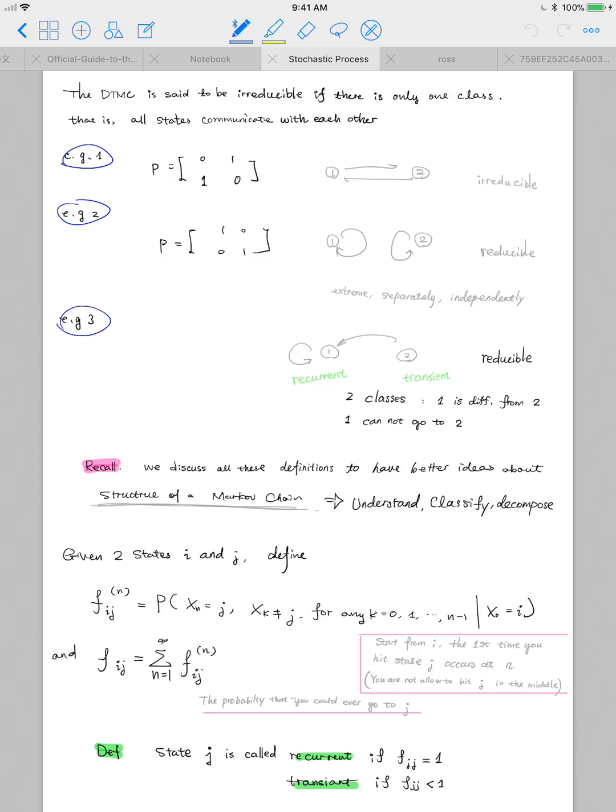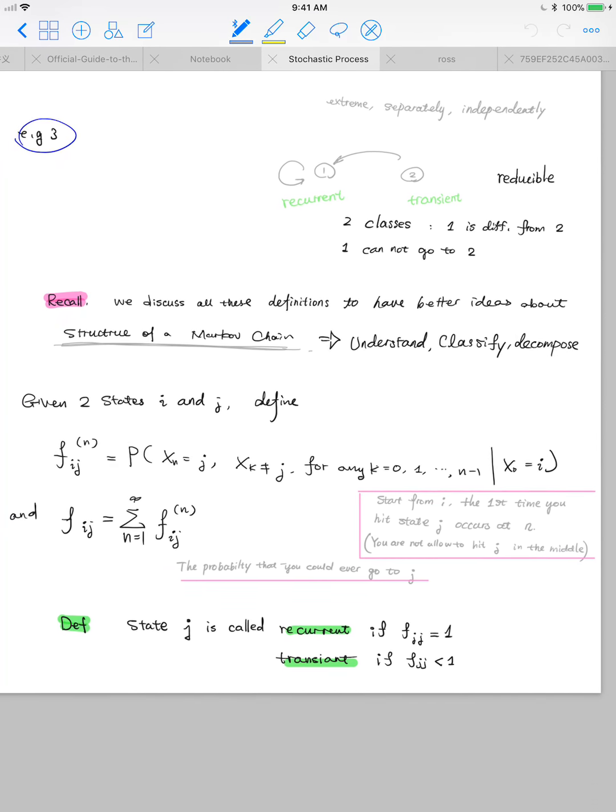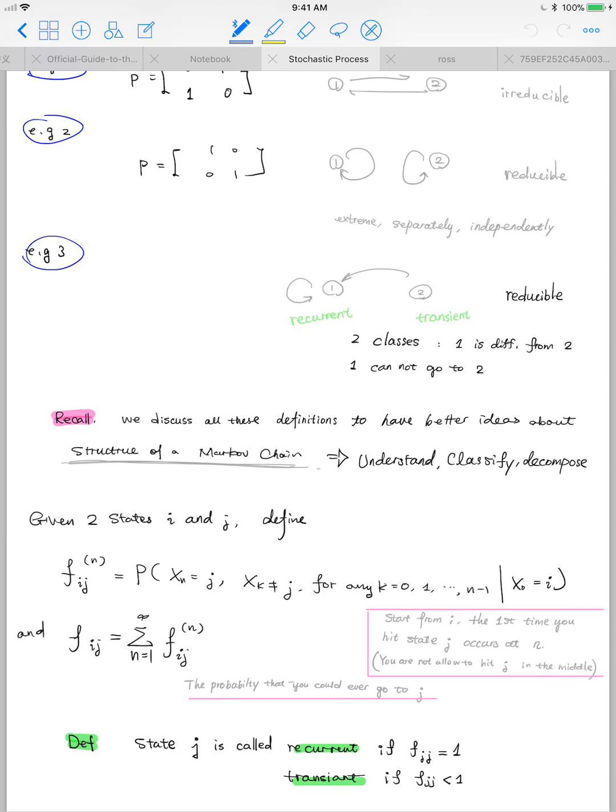Then another important definition is about recurrent and transient. How do we define it? We define a new function, Fij(n). In simple language, this means starting from state I, the first time you enter state J is at step n. Notice you are not allowed to enter state J in intermediate steps, but only at the final step.